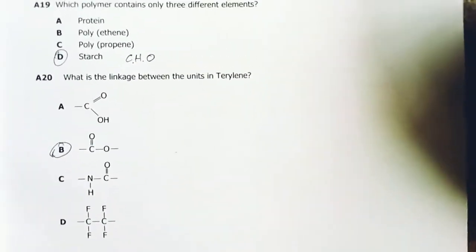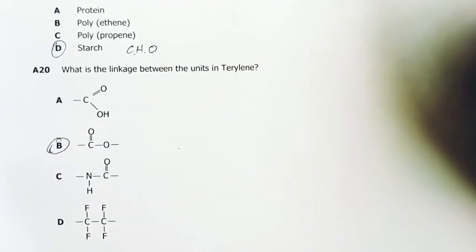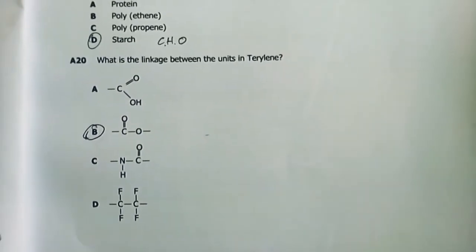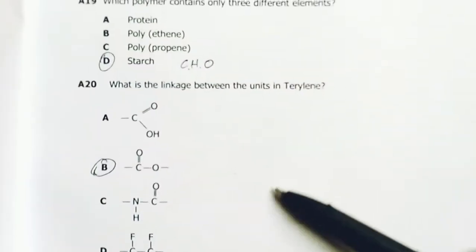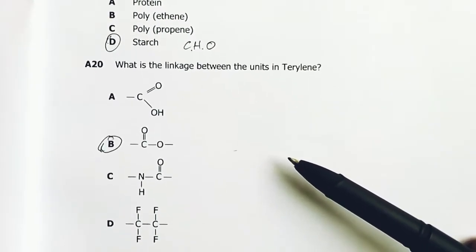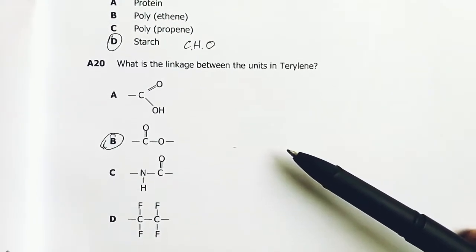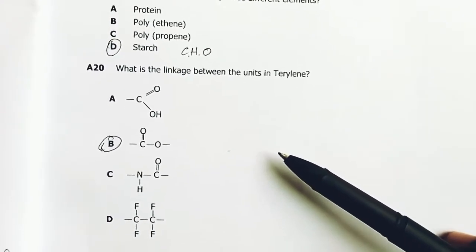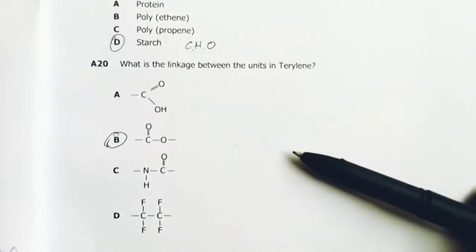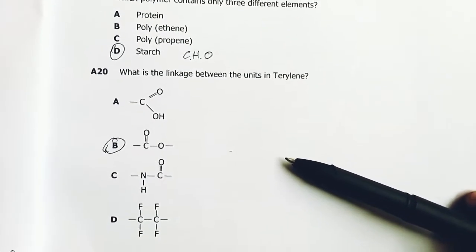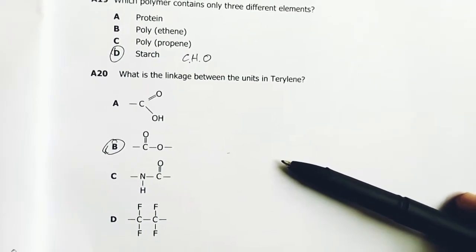The last one there, what is the linkage between the units in terylene? My answer is B. Terylene is simply an artificial polymer, an artificial condensation polymer, a polymer in which water is lost, or I would say it is made by man, therefore it's artificial.